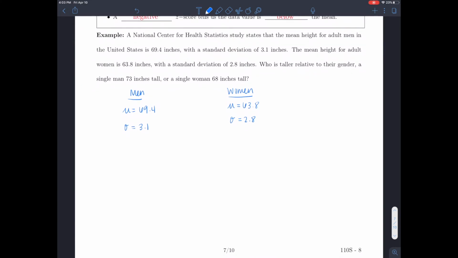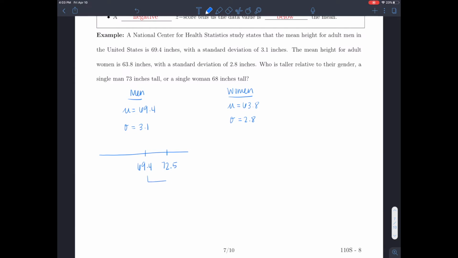And so what I mean by being so many standard deviations away from the mean is if I draw out this normal curve for men, it's going to be centered at 69.4. And then one standard deviation away would be 72.5.